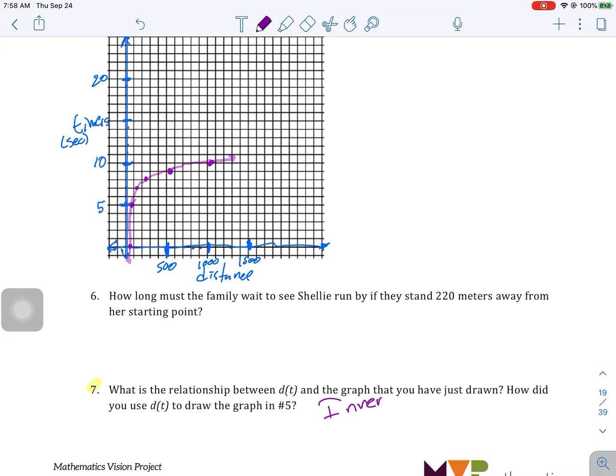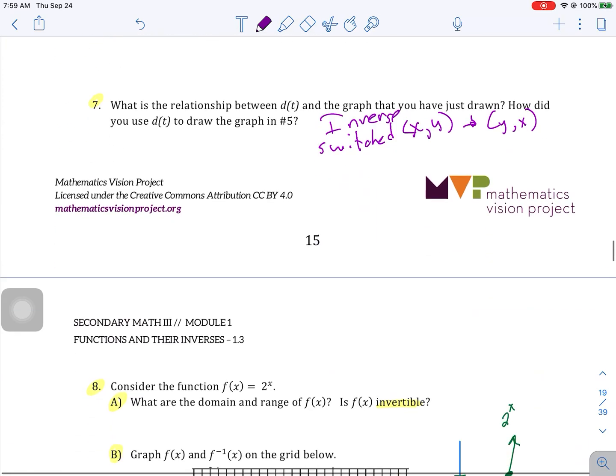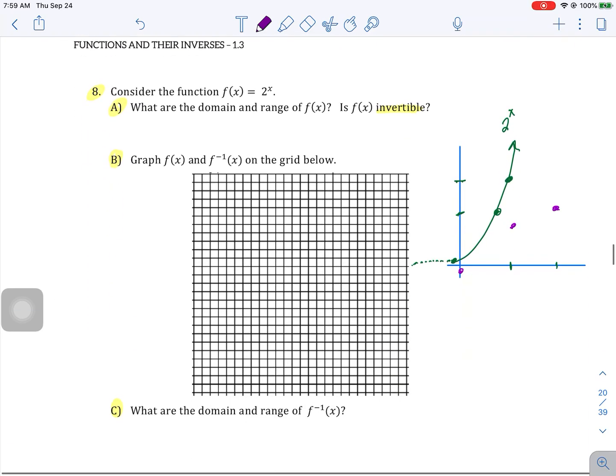So this would be an inverse graph. How did you use d of t? We just switched the x and y values so that we came up with y, x, or d and t in this case.